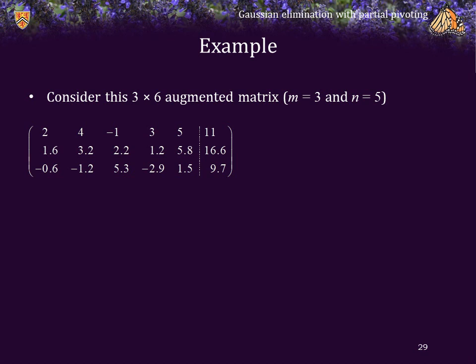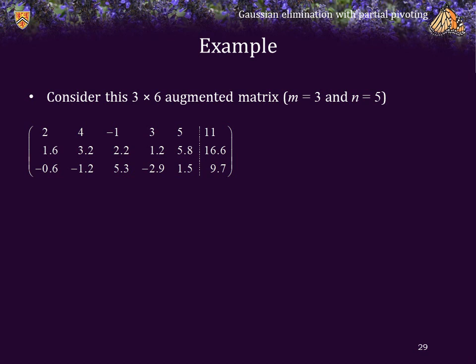If we apply Gaussian elimination on this with partial pivoting, we start once again at column 1, and we note that at this point the maximum entry in absolute value is indeed in the entry 1, 1. Consequently, no row swaps are necessary.